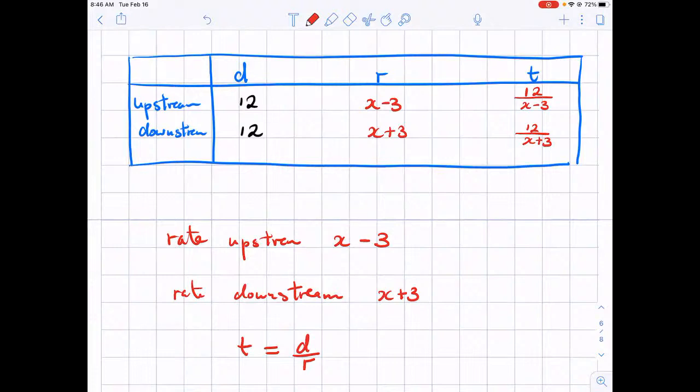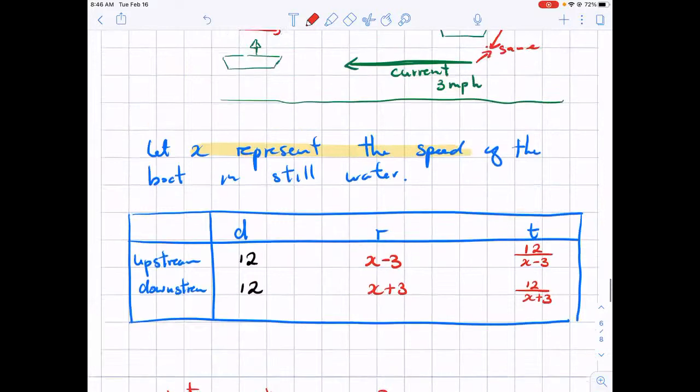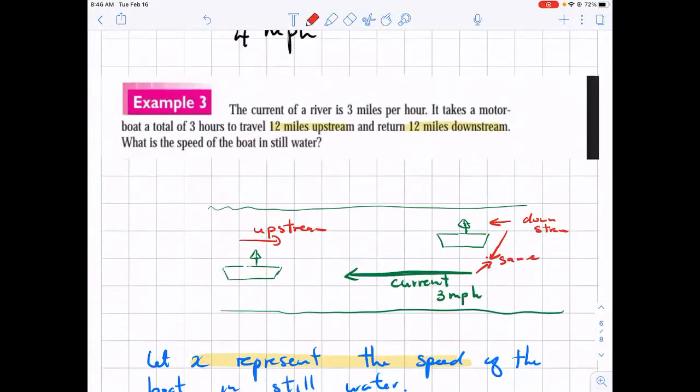Now I can solve these two. Well, the total time for the trip and back is 3 hours, right? It takes the motorboat 3 hours to travel 12 miles upstream and 12 miles downstream.